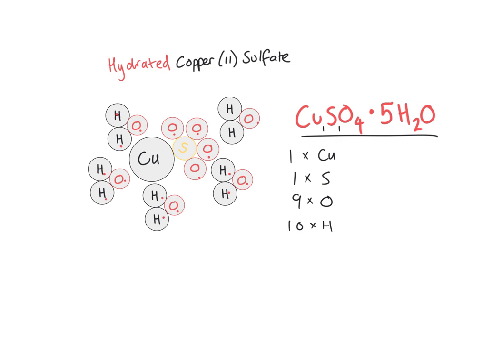So there's 4 oxygens in the CuSO4 plus 5 in the 5 times H2O, because each H2O has 1 oxygen atom. There are 5 of them, so 5 times 1 is 5. Hydrogen, all of the hydrogen is coming from the water. There are 5 H2O molecules, which means it's 5 times 2, which takes you to that total of 10.